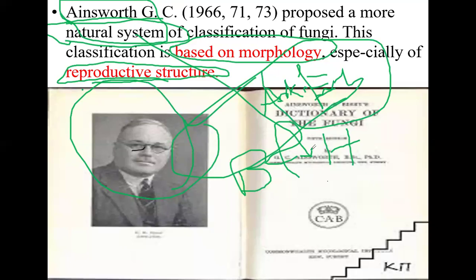Okay. Here, the Ainsworth classification is the natural system of classification of fungi. And Bentham-Hooker classification is the natural system of classification of angiosperms. In almost all classifications, either artificial, natural or phylogenetic, we take into consideration reproductive structures: flower characters in angiosperms, reproductive structures in cryptogams.